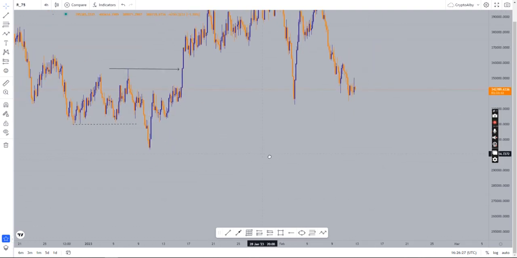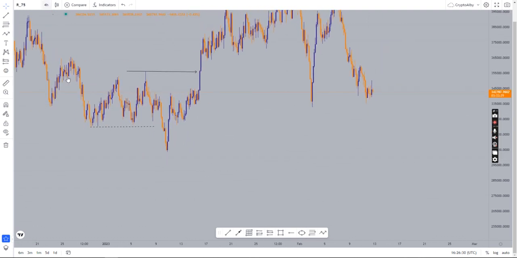Now, what I trade is this: once we have a consolidation, which you can call accumulation, we expect a manipulation to the downside or to the upside. Let me use the downside. After the manipulation, we expect a distribution. This means that after the accumulation, we expect price to sweep the liquidity sitting below, or sweep it to the upside.